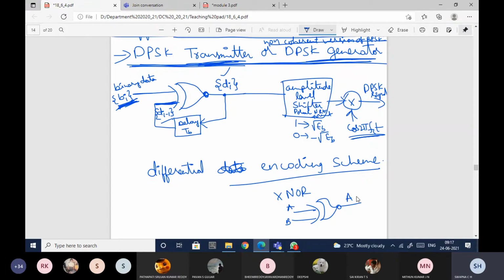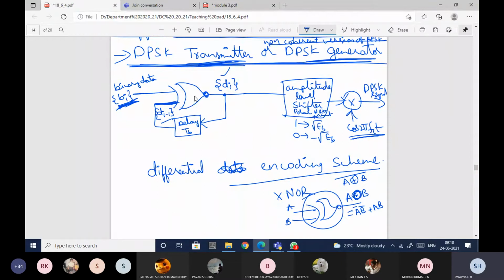The output will be A exclusive NOR B. The equation for this is nothing but A bar B bar plus AB. So this is the output of your XNOR gate.